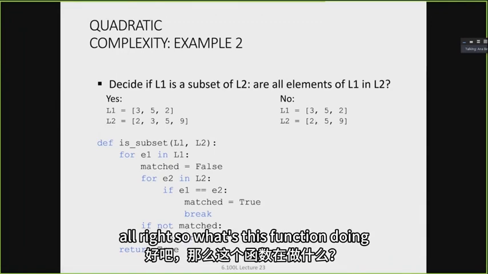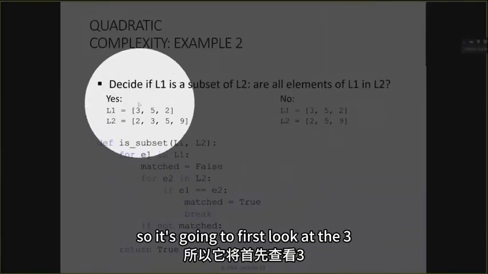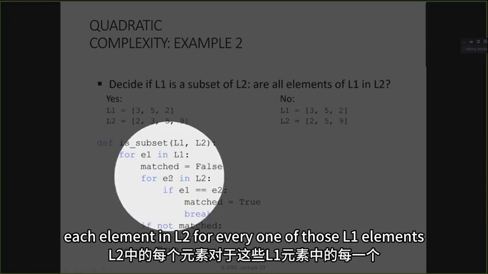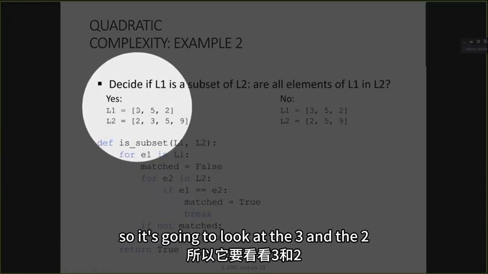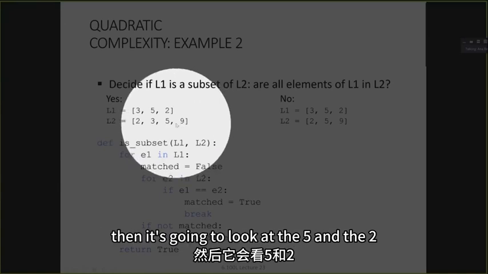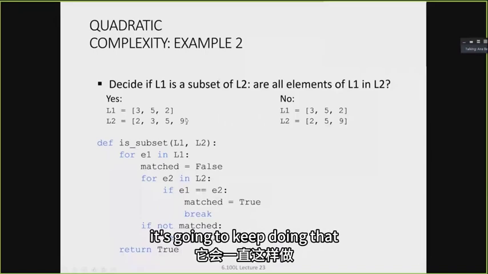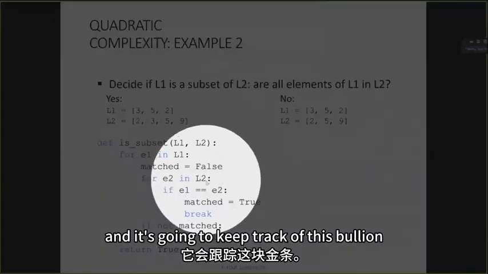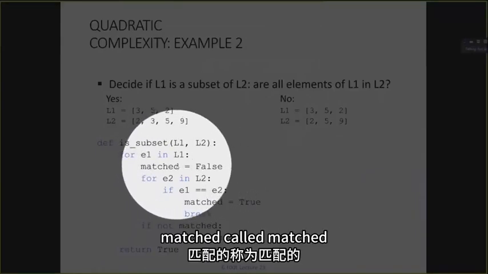All right, so what's this function doing? Well, it's iterating through all the elements in L1. So it's going to first look at the 3, then the 5, then the 2. It's going to look through each element in L2 for every one of those L1 elements. So it's going to look at the 3 and the 2, the 3 and the 3, the 3 and the 5, the 3 and the 9. Then it's going to look at the 5 and the 2, the 5 and the 3, 5 and 5, 5 and 9, right? It's going to keep doing that. And it's going to keep track of this Boolean called matched.